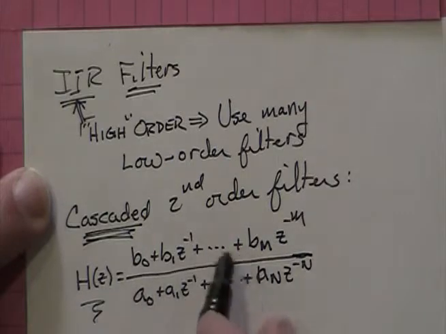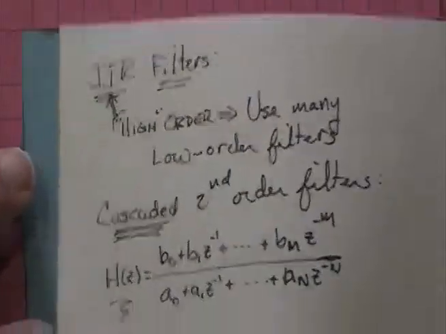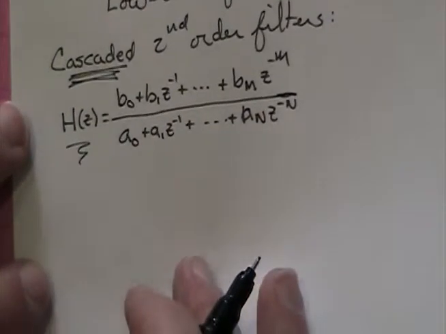Directly using these coefficients in a direct form for a high order filter is almost always a mistake. Tiny rounding errors in the polynomial coefficients can make big differences in where the roots lie on the complex plane, and big differences in your overall transfer function. So to get around that, instead of dealing with high order polynomials, we like dealing with lower order polynomials.